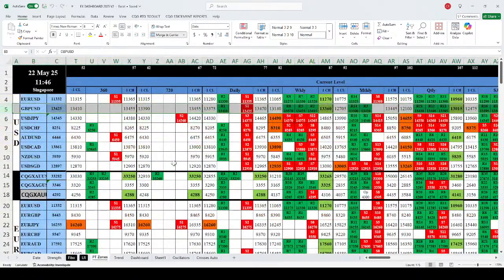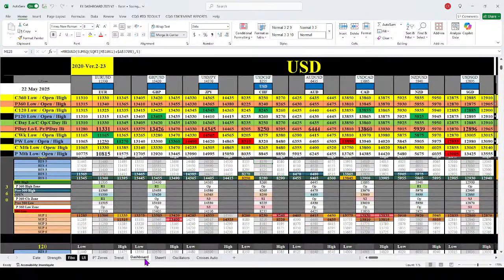So if we look into the PT zones, this seems to be stronger than, in fact this is stronger than the euro and the pound, because the monthly is showing a big down, which means this is trading at SR14. So which means to say we will go for a sell and hold.